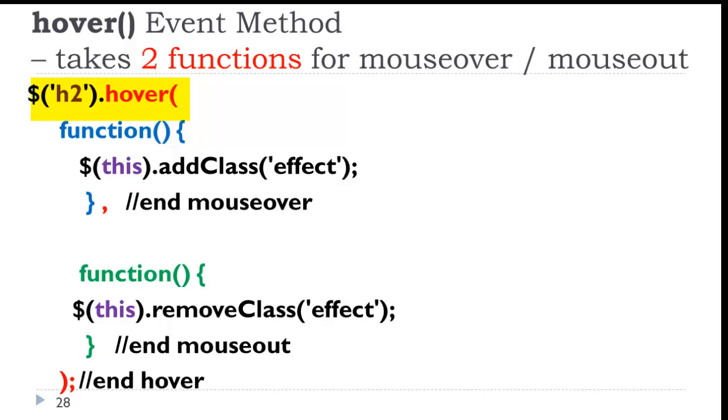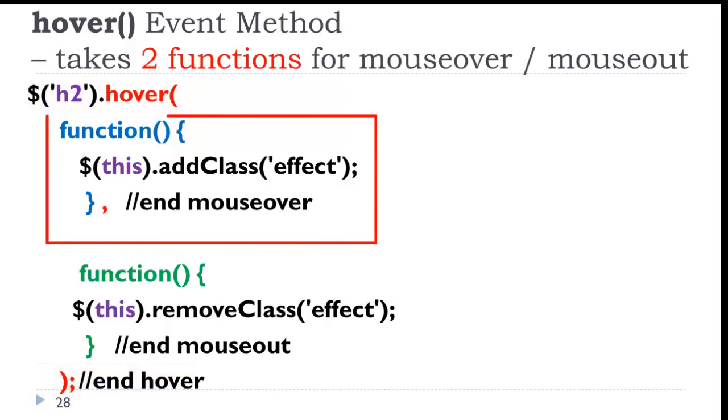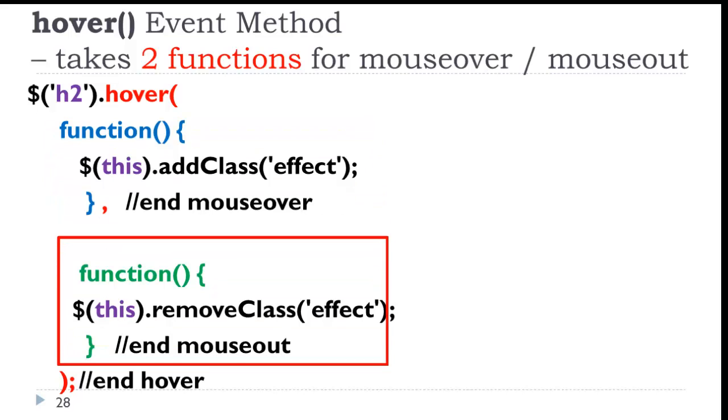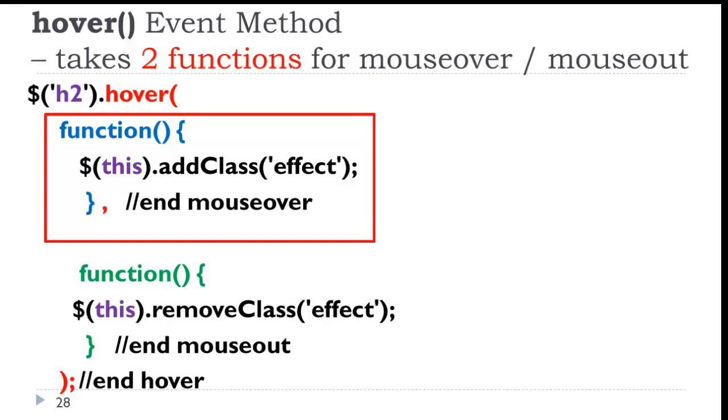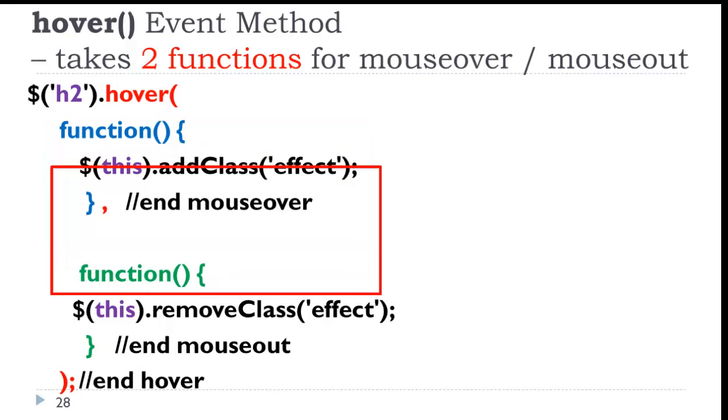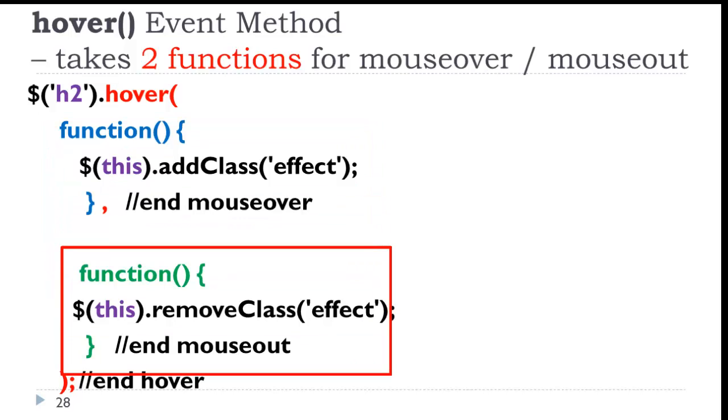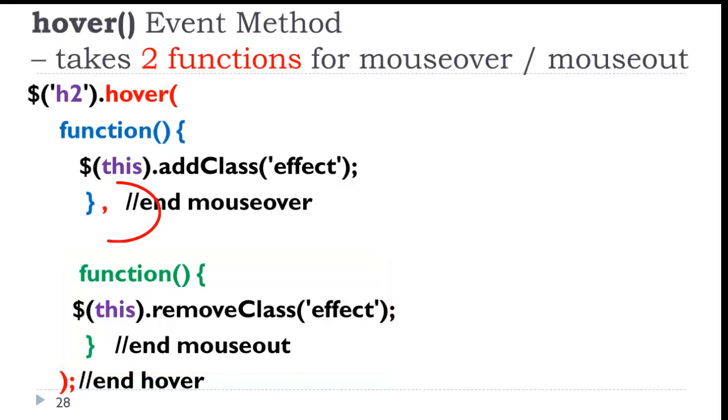This is an event method. Notice where it starts, notice where it ends. It takes two functions as parameters, the first function and the second function. The first function is essentially for the mouse over. The second function is essentially for the mouse out. They are separated by a comma.